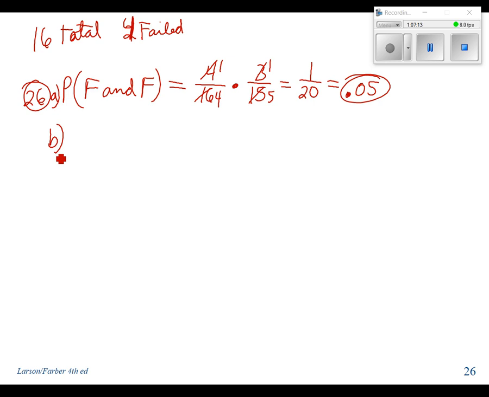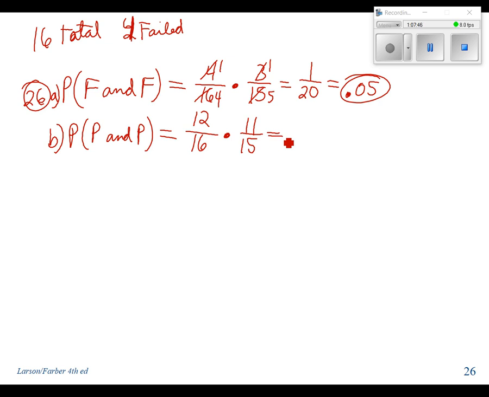Part B: find the probability both batteries pass the test. So we have the probability the first battery we pick passed and the second battery we pick passed. What's the probability we pick 1 out of the 16 and it passes? 12 out of 16. What's the probability that we pick a second battery once we've taken that first one out? 11 out of 15.